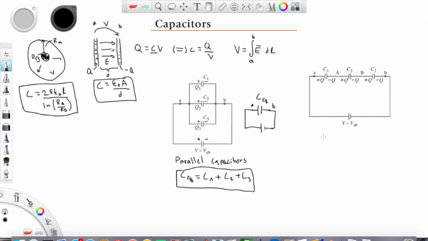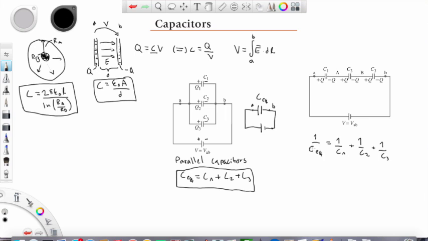The situation is a bit more complicated when the capacitors are in series like this. In that case, the equivalent capacitor, which would look exactly like this, would be calculated from the following formula: 1 over C equivalent is 1 over C1 plus 1 over C2 plus 1 over C3.